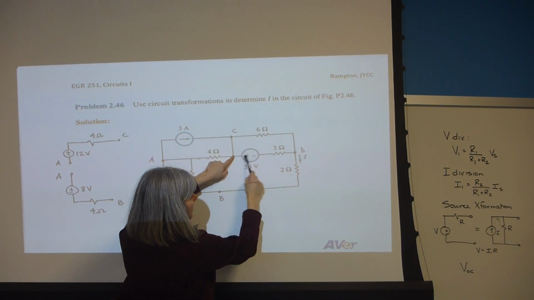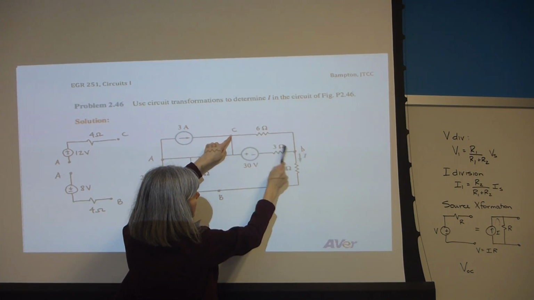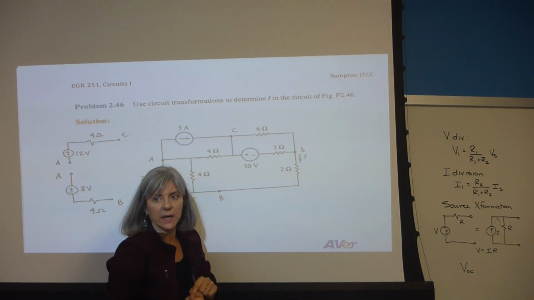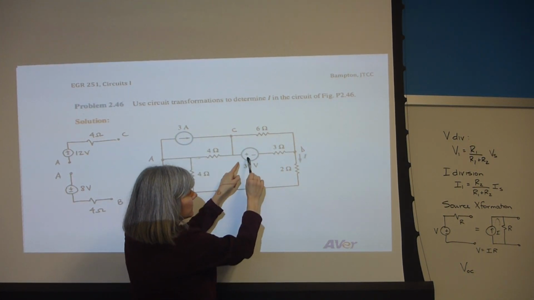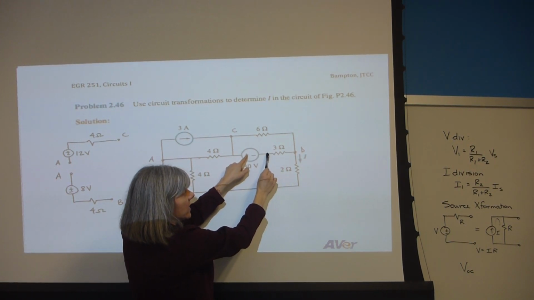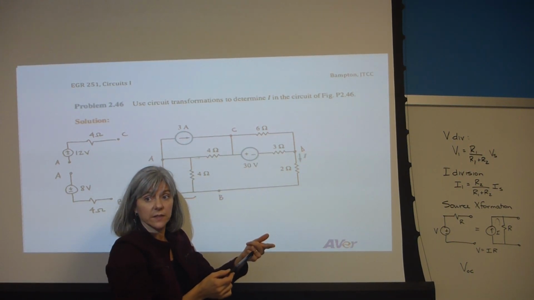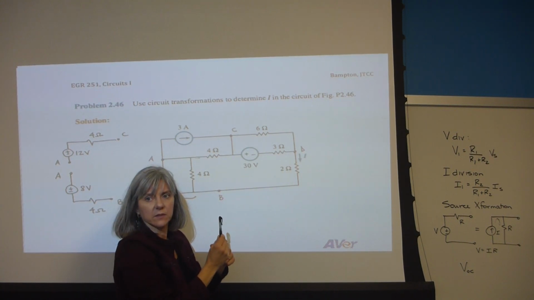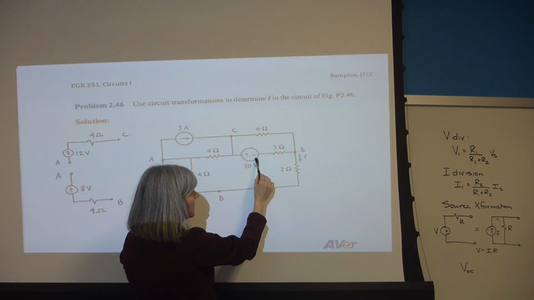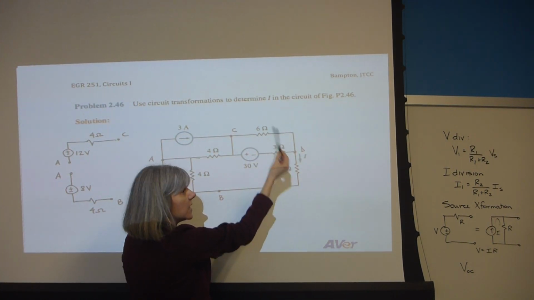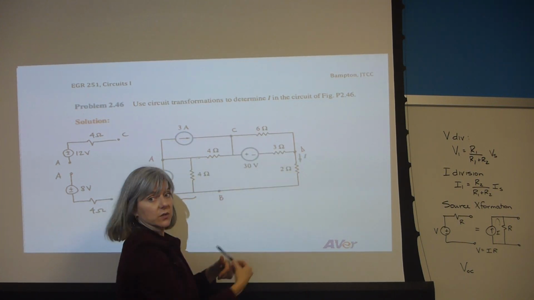And then we have this series representation. So this branch and this branch are in parallel. But that's in series. So if I could change that to its parallel equivalent, then I'd have a whole bunch of things in parallel. So I'm going to change this to parallel and then do some combining. And then go back to series, because then I'll be in series going all the way around.